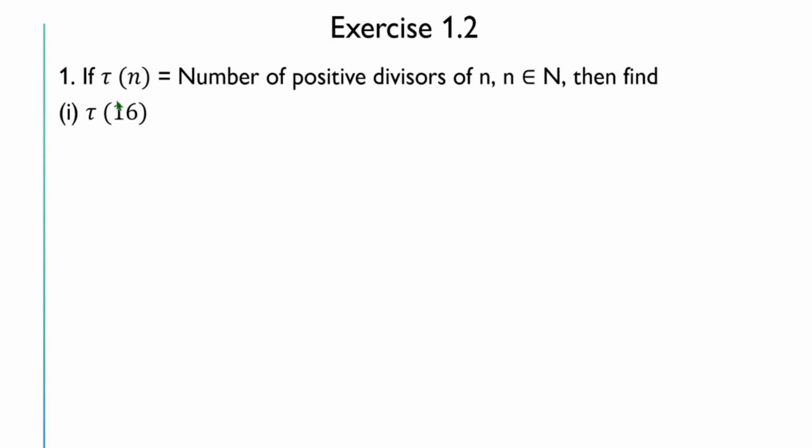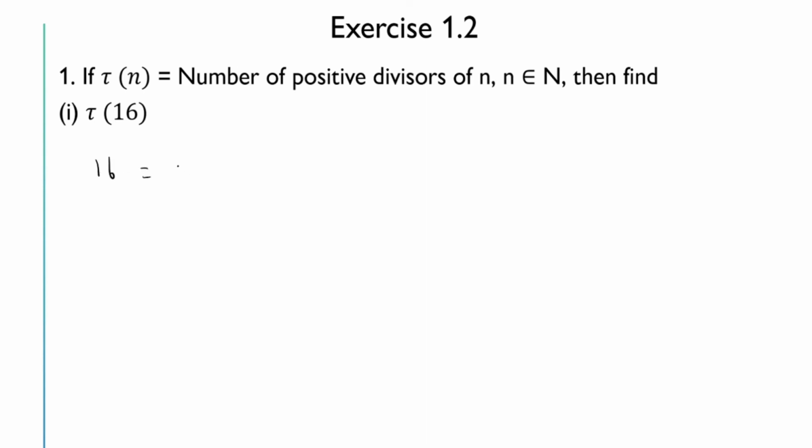The first question: if tau of n is equal to the number of positive divisors of n, n belongs to the natural numbers, then find tau of 16. That is, we have to find the number of positive divisors of 16. What are the different ways in which we can write 16?